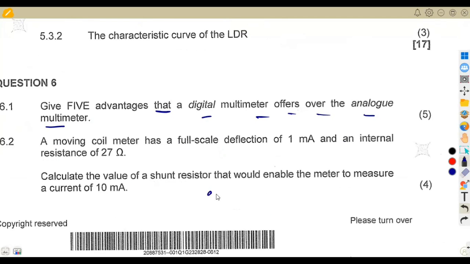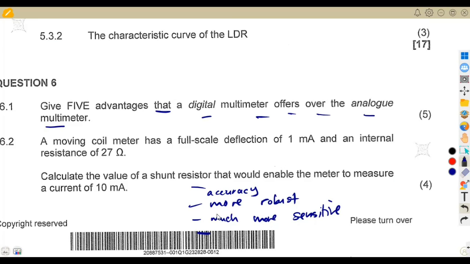Then we are going to be talking about being more robust, that is being stronger, and much more sensitive. So in terms of sensitivity, then also the error of parallax is limited.